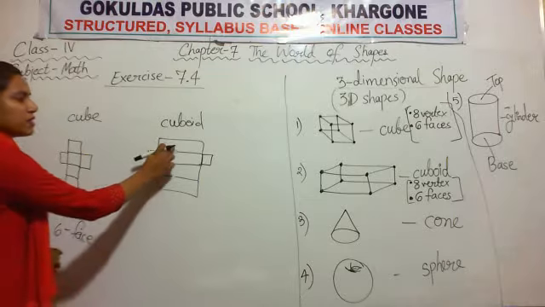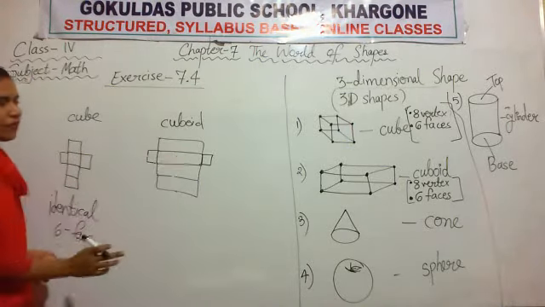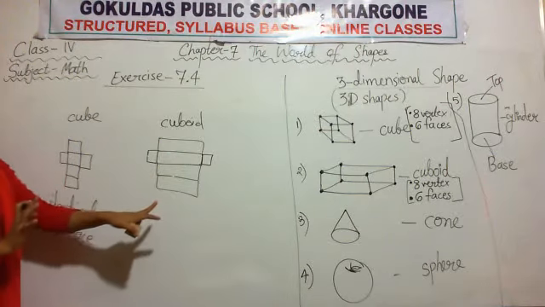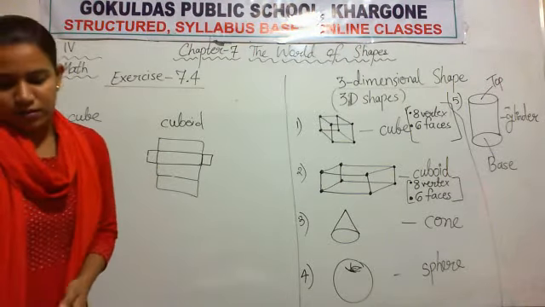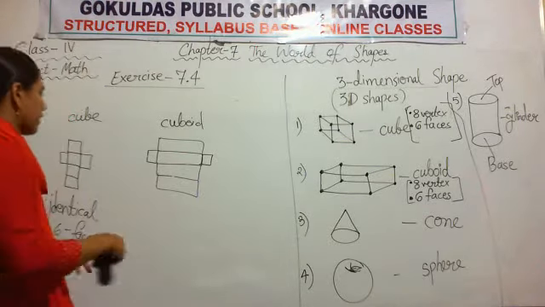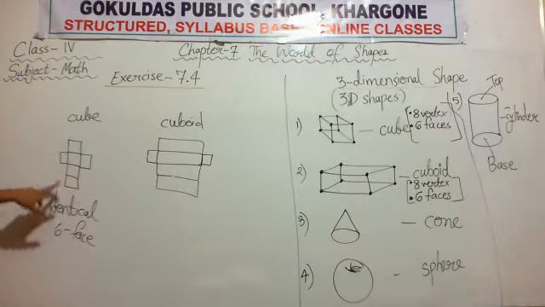Okay? Why? Because it has 4 rectangular faces and 2 square faces. So it does not have all identical faces. Understand? So cube has 6 identical faces.